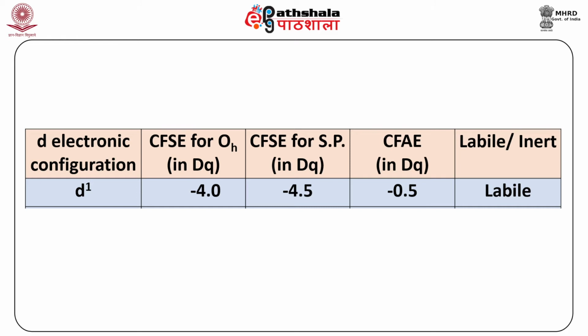Since crystal field activation energy is the difference between the crystal field stabilization energy of the intermediate and that of the reactant, the crystal field activation energy in this case would be minus 4.5 Dq minus 4 Dq. Overall, the value you will obtain is minus 0.5 Dq.